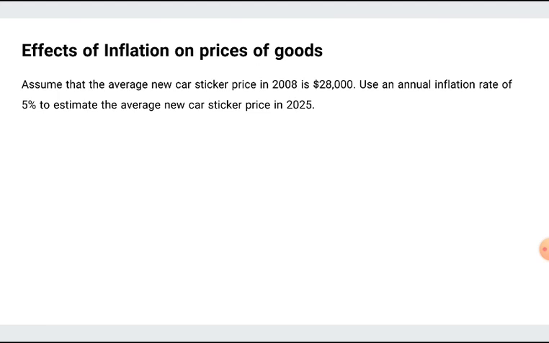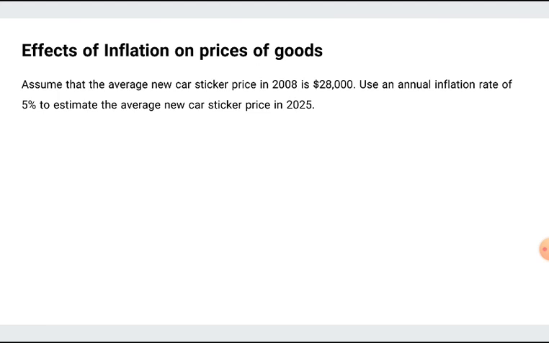Okay, so now we have the effects of inflation on prices of goods. So assume that the average new car sticker price in 2008 is 28,000. Use an annual inflation rate of 5% to estimate the average new car sticker price in 2025. So if you're a little bit confused what you are computing in the case of inflation problems, are you computing for present or future value?